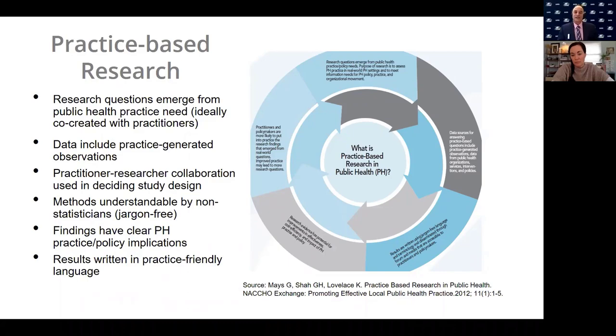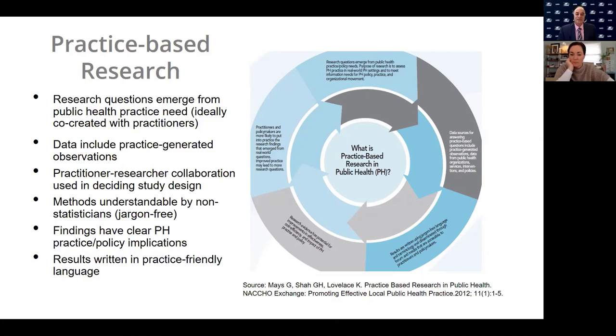So findings must have clear public health practice and policy implications, and not just be an academic exercise. Results should be written in practice-friendly language. And I know that the Journal of Public Health Management and Practice has done things to make sure people do write their practice and policy implications.